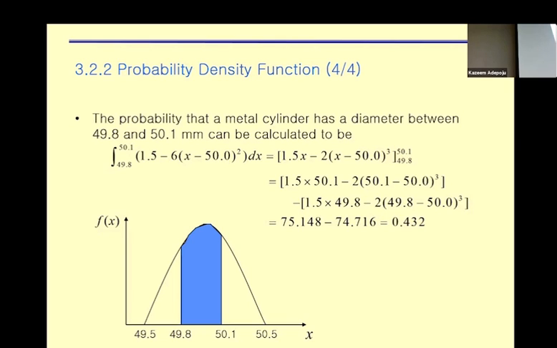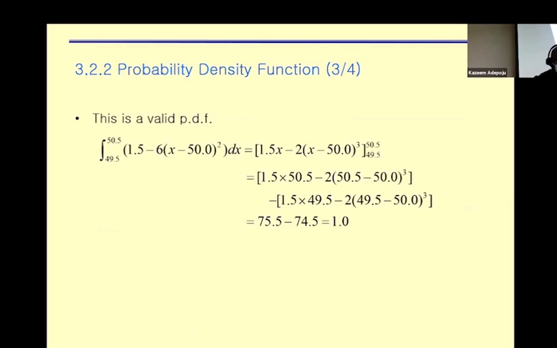If it does not integrate to 1, like what I'm doing here, that's a very good question. I can give you a function in the exam and ask you to investigate whether it integrates to 1.